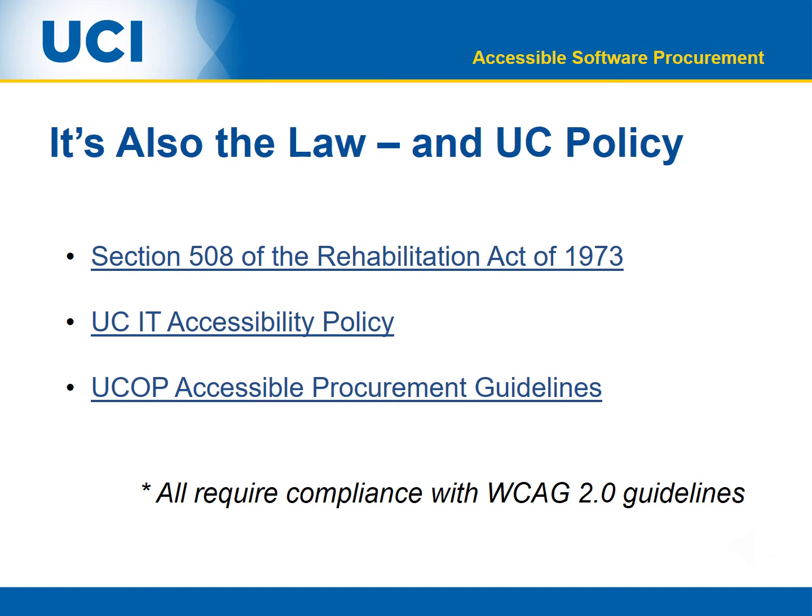If a purchased product or service turns out to have a significant accessibility flaw, some members of our faculty, staff, student body, or maybe even the public might find the product or service difficult or even impossible to use. Such a situation exposes the university to risk, increases costs, and undermines the university's commitment to diversity and inclusion.